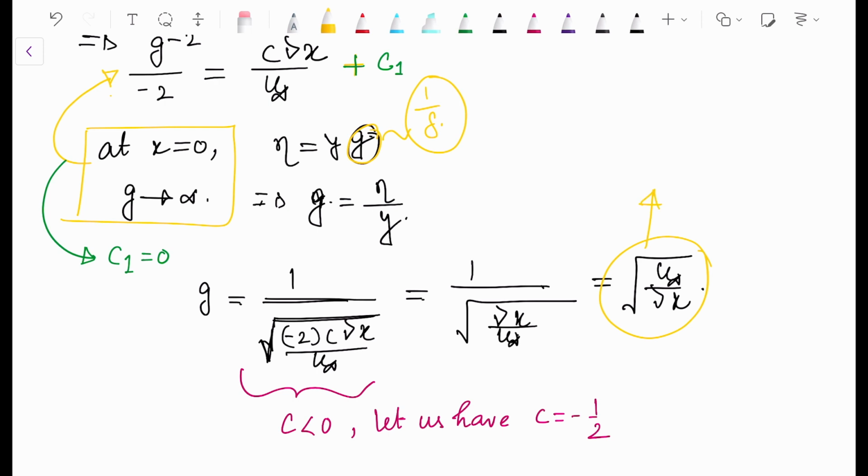Okay, so there is another method where you assume the similarity variable at the first to be this, then you just proceed through the mathematical calculation.